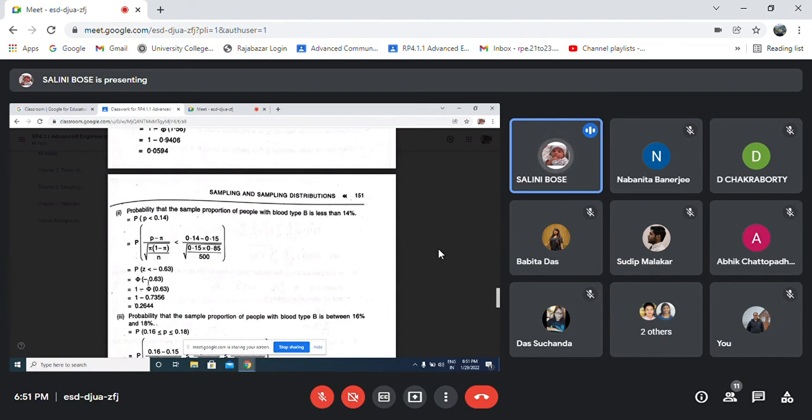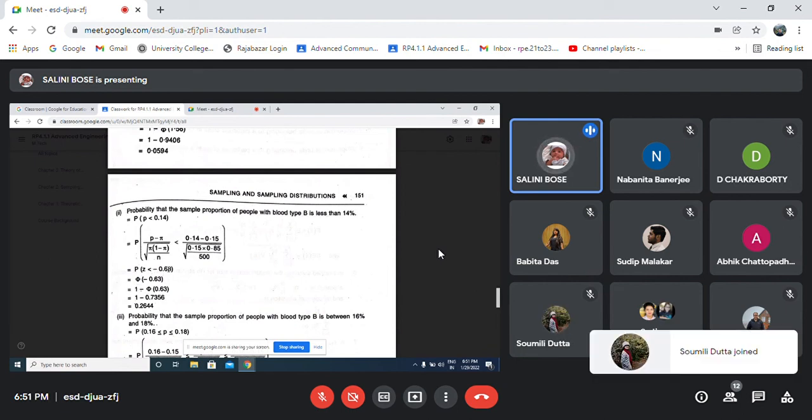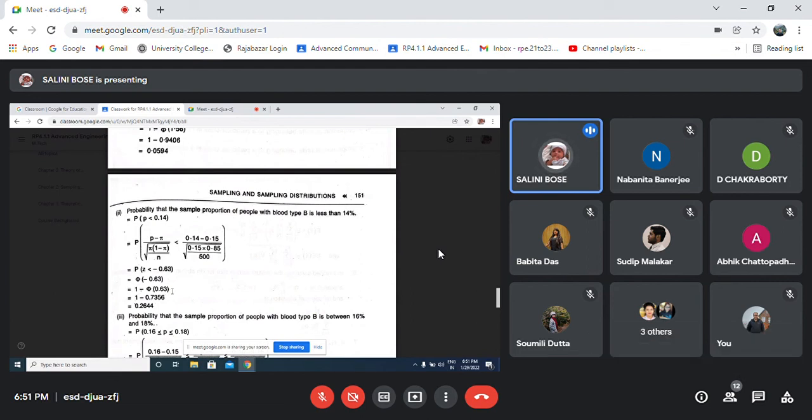So you can say 1 minus probability of Z more than this. So we can write 1 minus phi of 0.63, and from the table you just write phi of 0.63, that is 0.7356, and finally you will get this result.